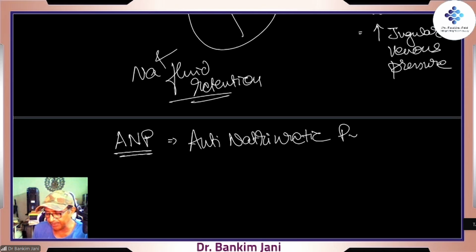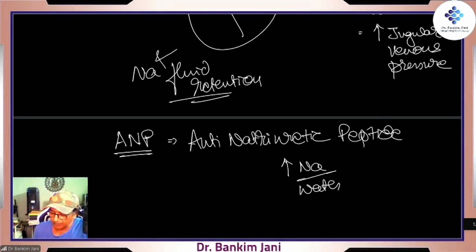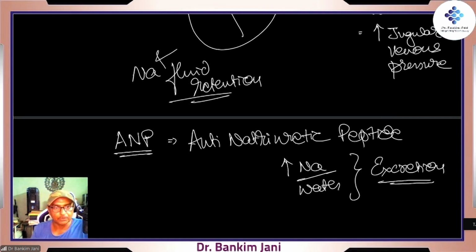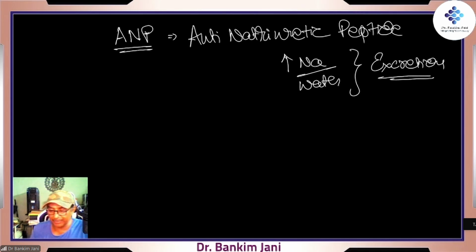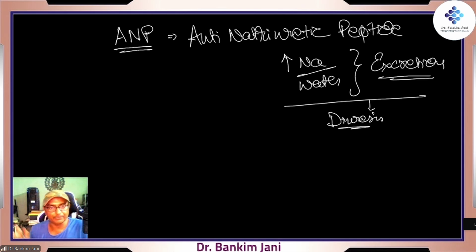This is a protein, natriuretic peptide, and it works exactly in the reverse way. The function of ANP is increased sodium and water excretion. So that will lead to diuresis, and we feel, yes, things are good, everything will be normal.